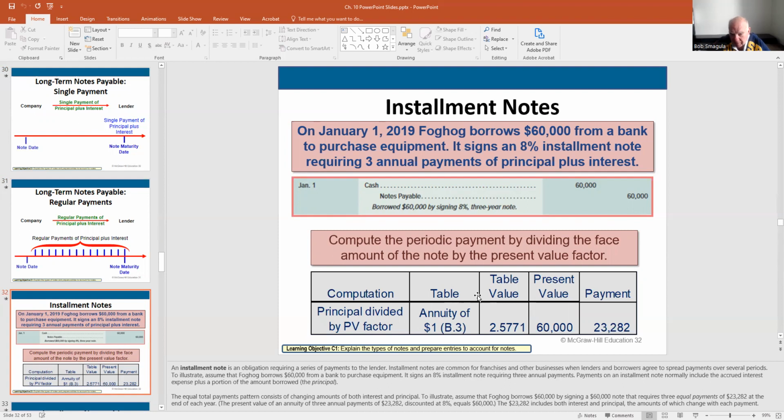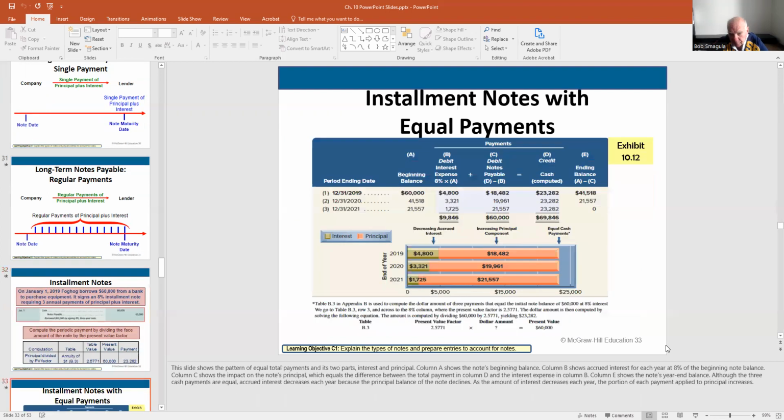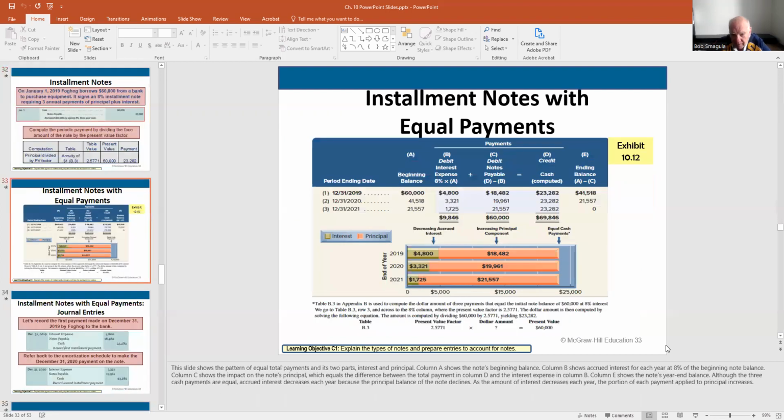You divide it by the present value factor. You go to the present value table for an annuity, and that conversion is 2.5771. You divide it out, you get a payment, 23,282. Okay.